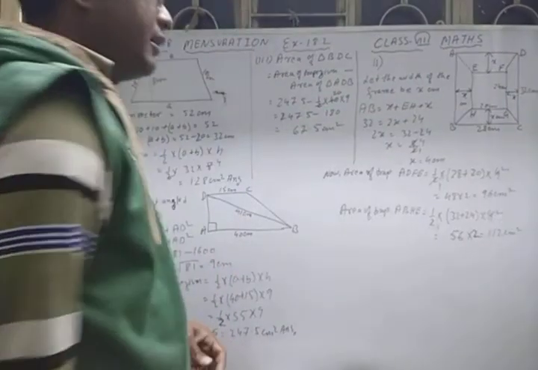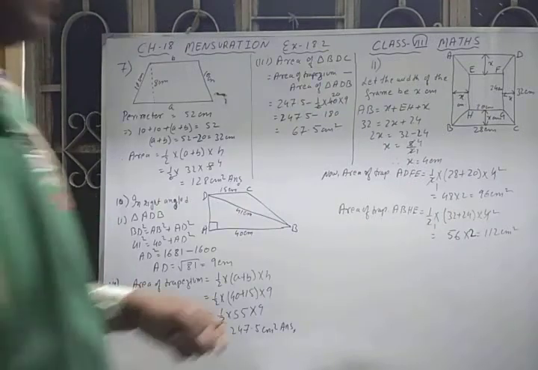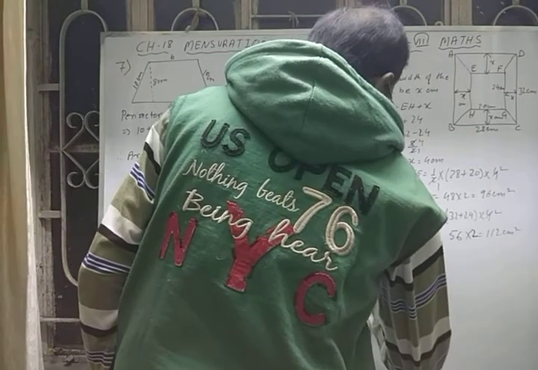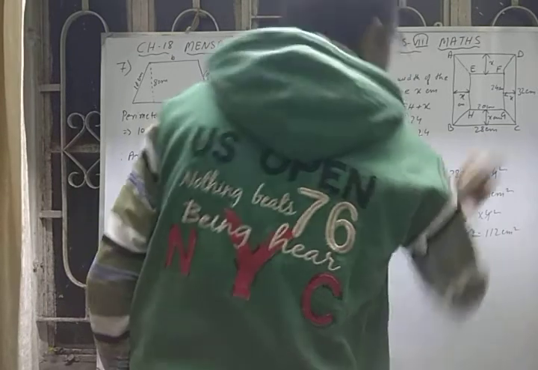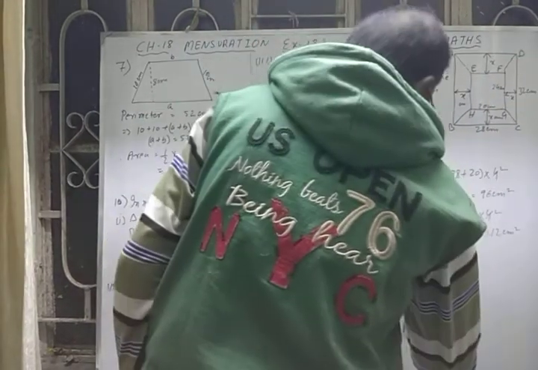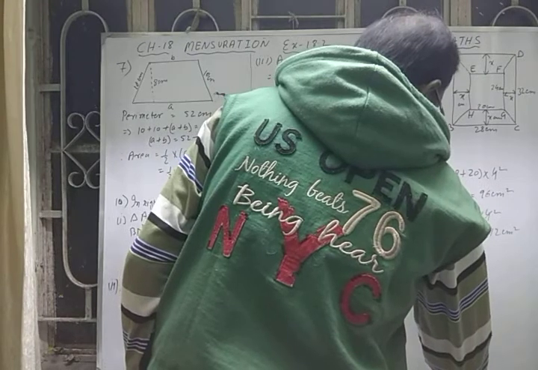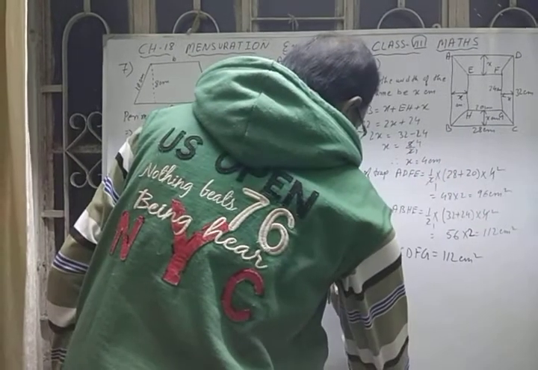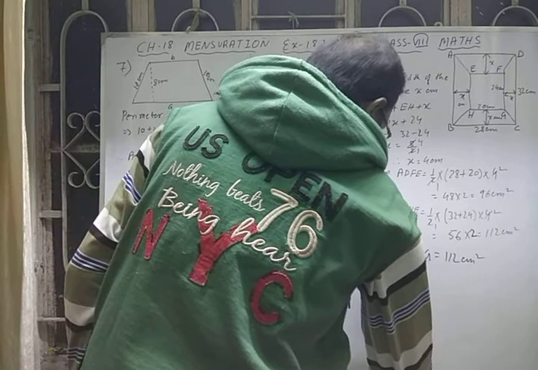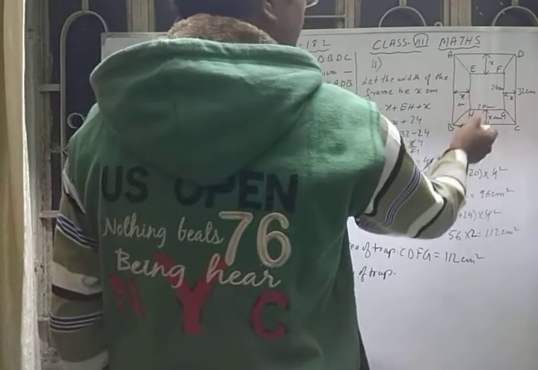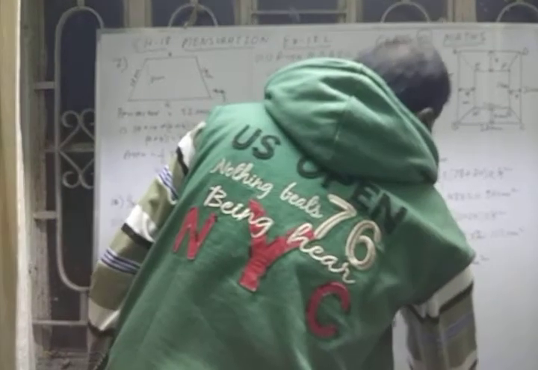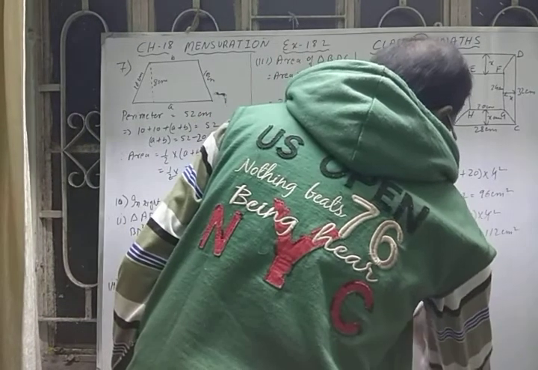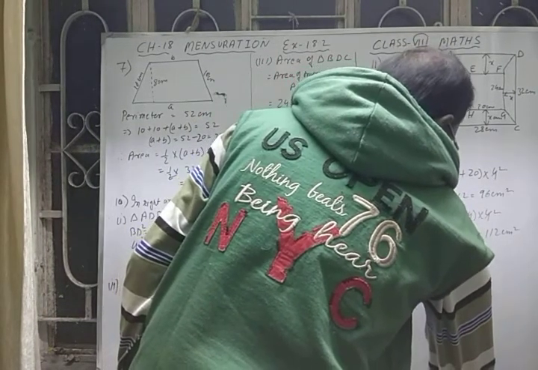So 112 centimeter square. So area of trapezium CDFG is also equal to 112 centimeter square, and area of trapezium BCGH is equal to 96 centimeter square.